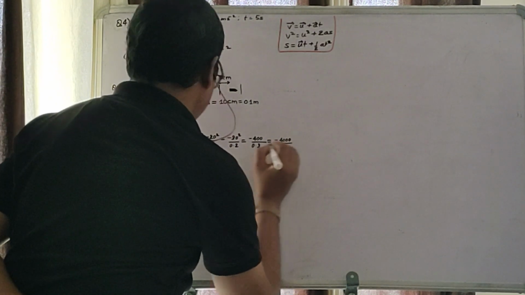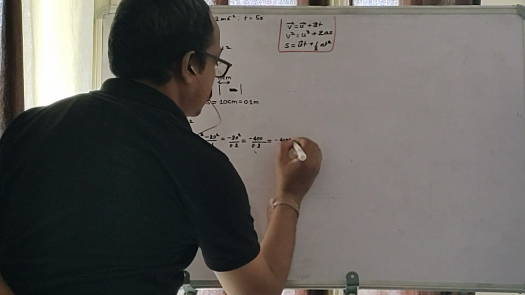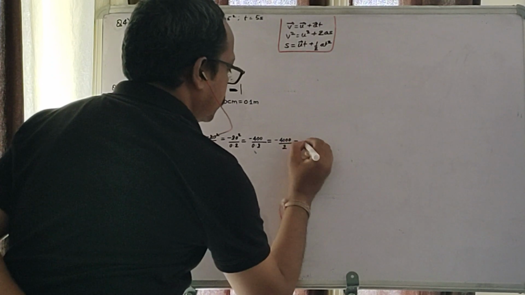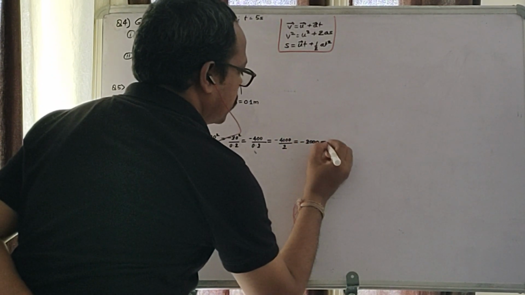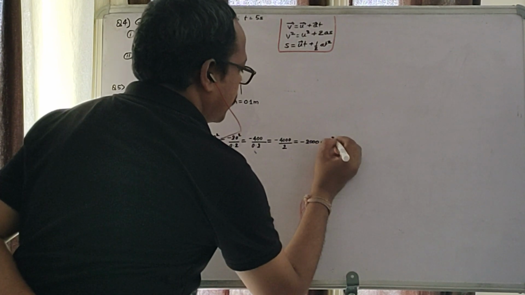You are going to get minus 2000 meter per second squared.